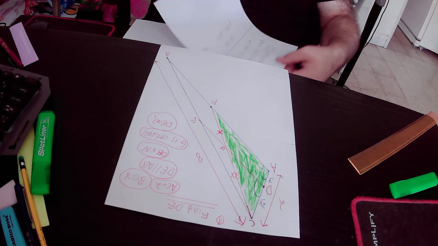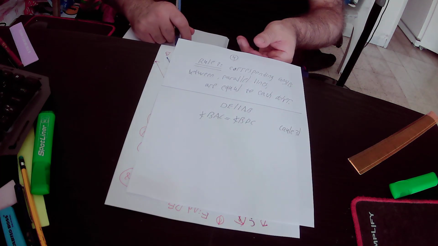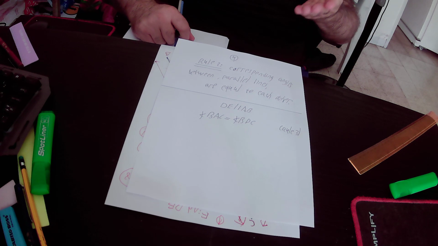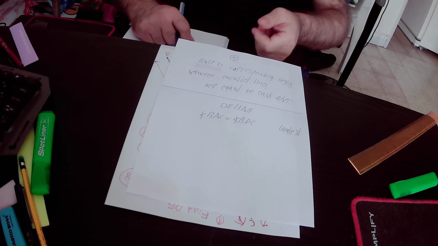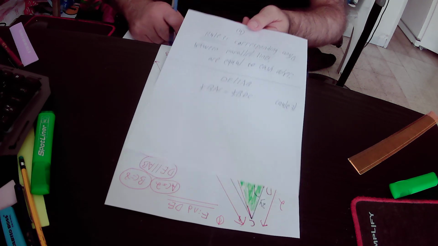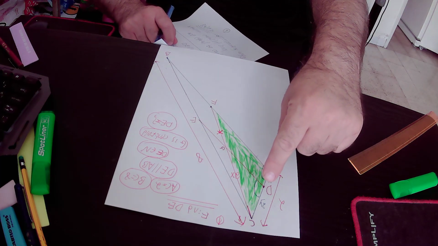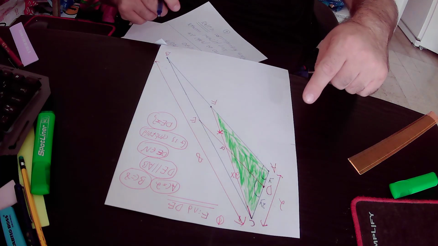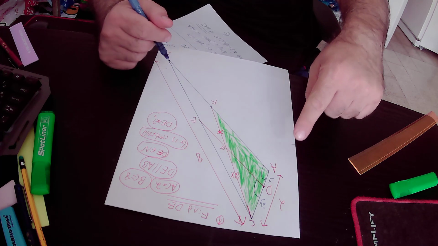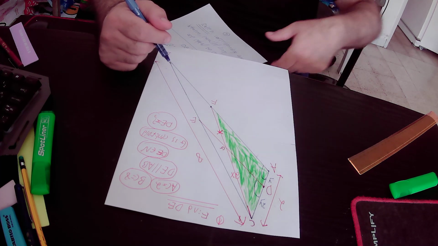Again, angle BAC will be equal to angle BDC according to rule number 3, because those two angles are corresponding angles that are located between the parallel lines DE and AB, therefore they will be equal to each other.